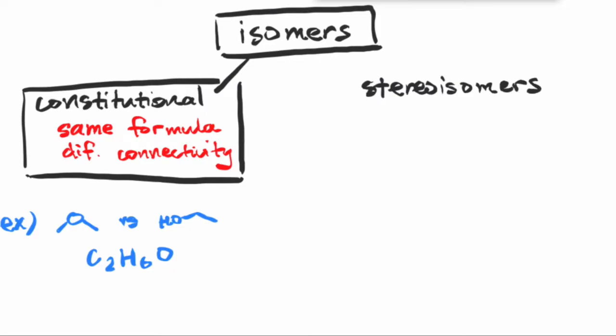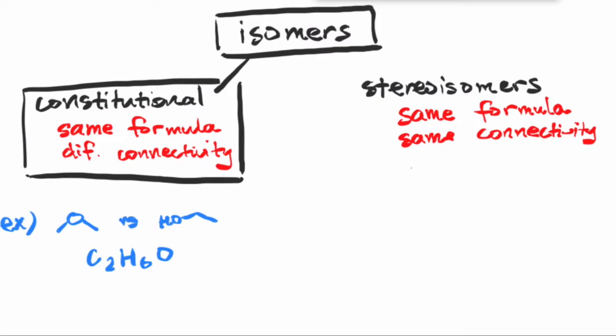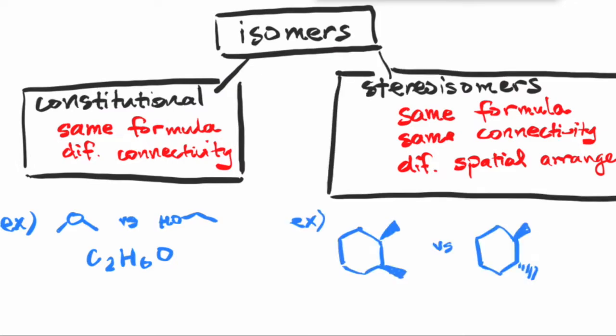There's another type of isomers. It is called stereoisomers. And stereoisomers have the same formula and the same connectivity. However, even though those atoms are connected in the same order, they have different spatial arrangements. And in fact, we have already seen one type of stereoisomers in a previous section.